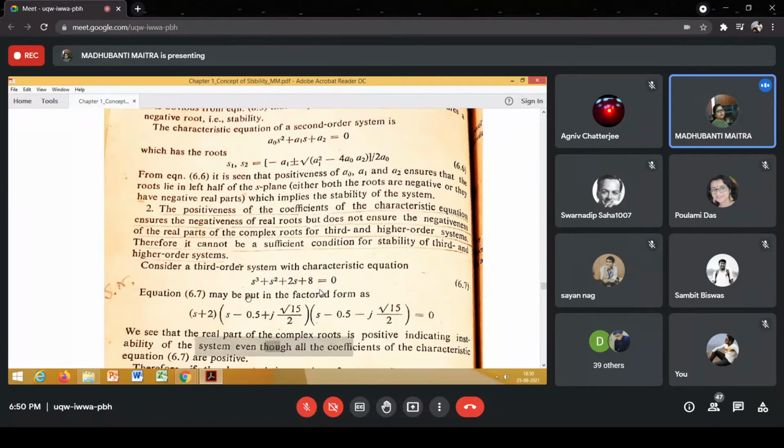If all the coefficients are present and have the same signs, then for third and higher order systems we can ensure that all the real roots will lie in the left half of the S plane. But we cannot guarantee the negativeness of the real part of the complex conjugate root pair. Am I clear?